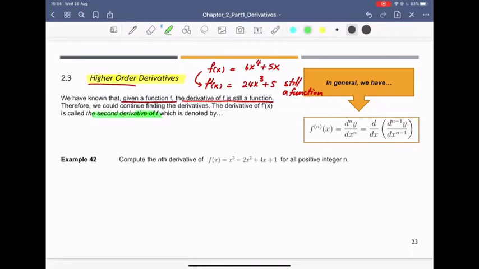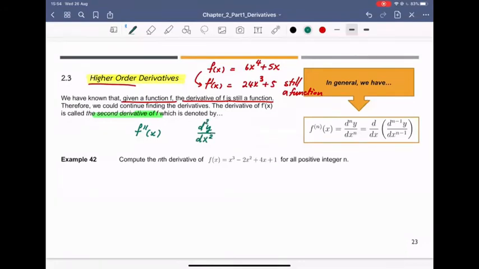The second derivative of f means I differentiate f 2 times. The notation is f double prime of x, or dy by dx, but because I want to do it 2 times, this is d squared y by dx squared.